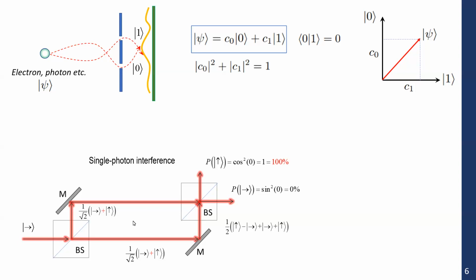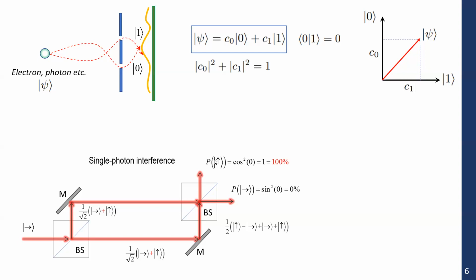When we measure the system, we would find just one particle here or here, but never two photons. And the photon interferes with itself, which creates this 100% probability, for example, for a photon going to the upper direction.